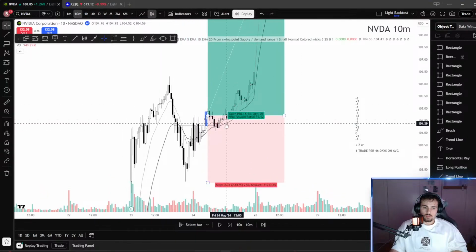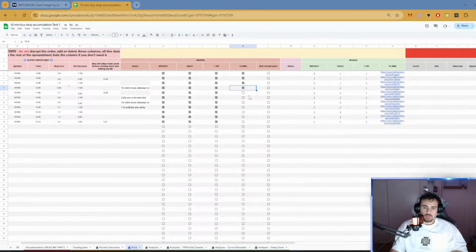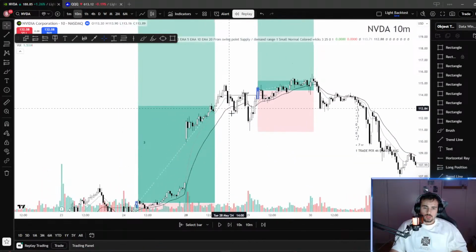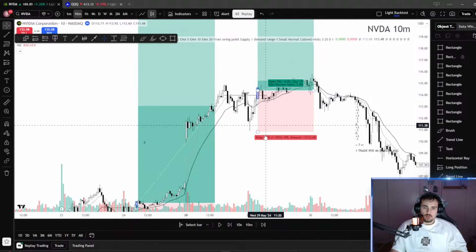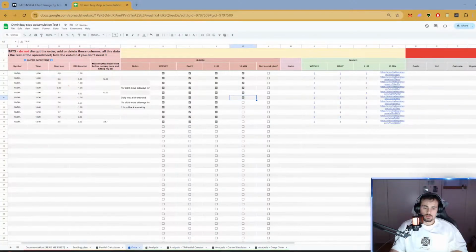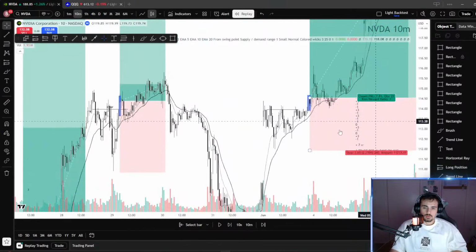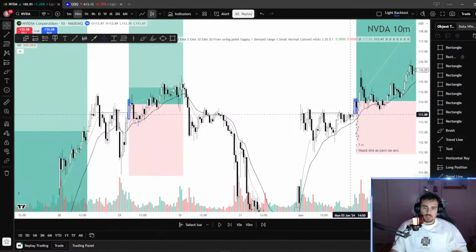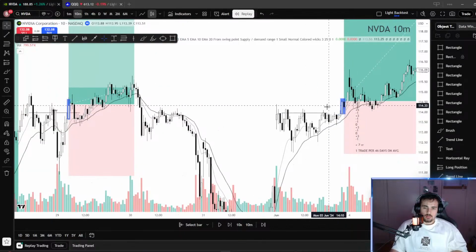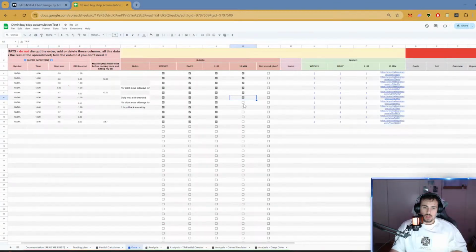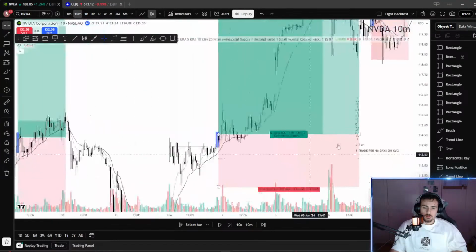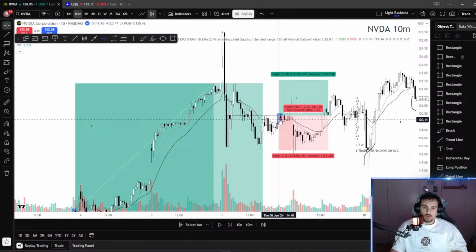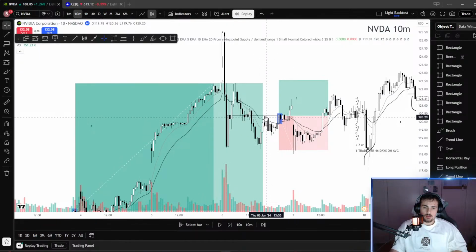Sideways, consolidation, breakout candle, stop loss below, sideways price action, breakout candle, stop loss below, sideways price action, breakout candle above these highs, stop loss below, rules met, sideways price action, breakout candle above the MAs and above this high.